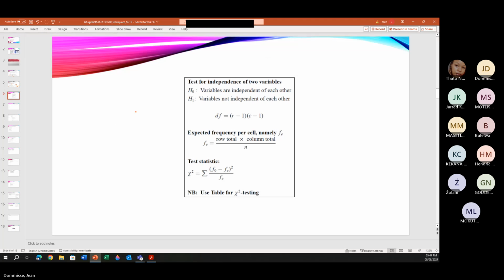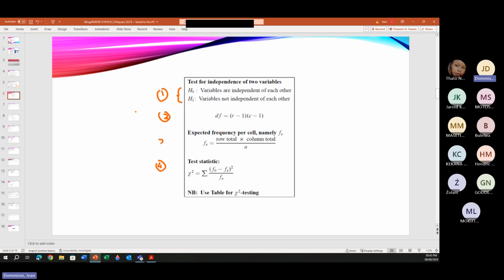Step 1 is the null and alternative hypothesis. We're going to look for the degrees of freedom. We're going to work out your test statistic.